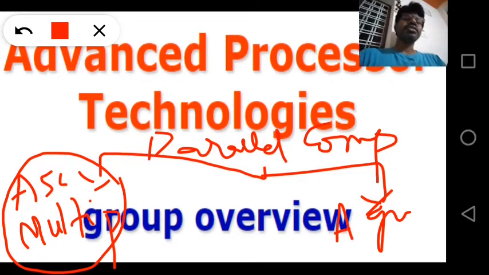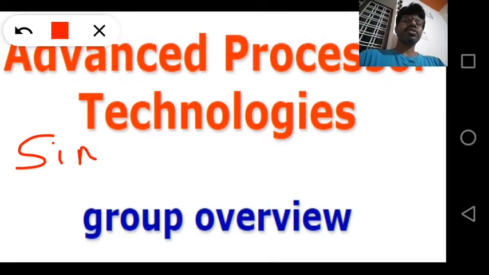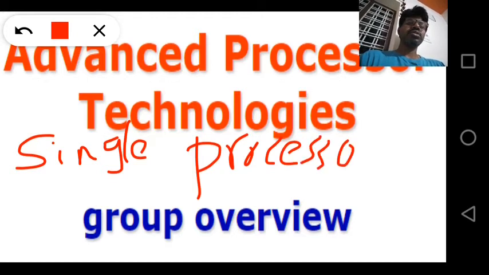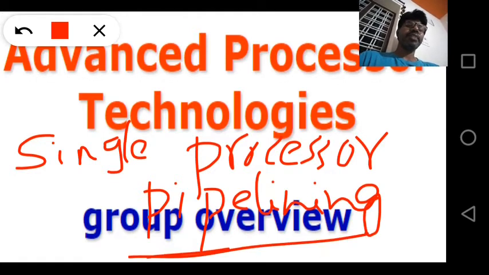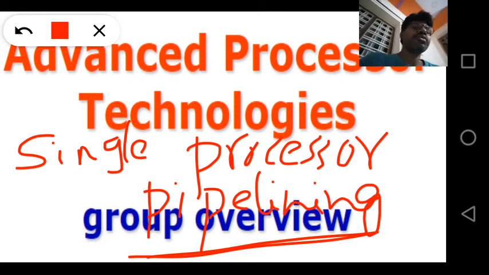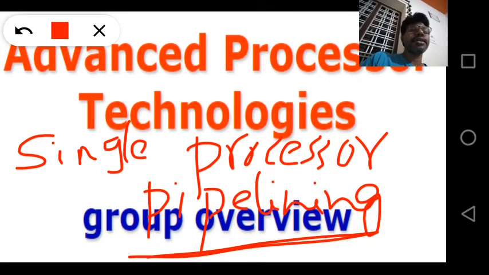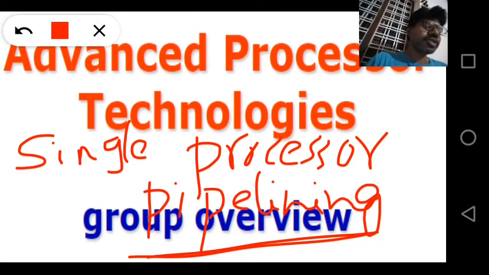Even with a single processor, parallel processing can be achieved by using a technique called pipelining. And you know that pipelining is a technology which allows us to execute the instructions in parallel just by dividing the execution task into different stages.